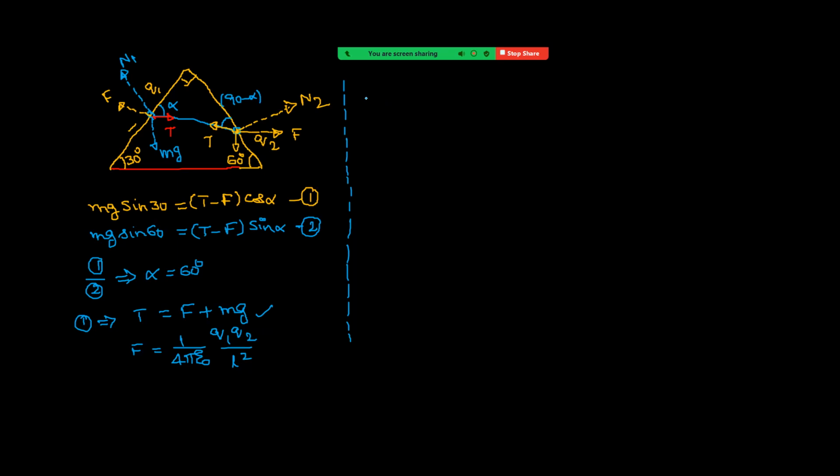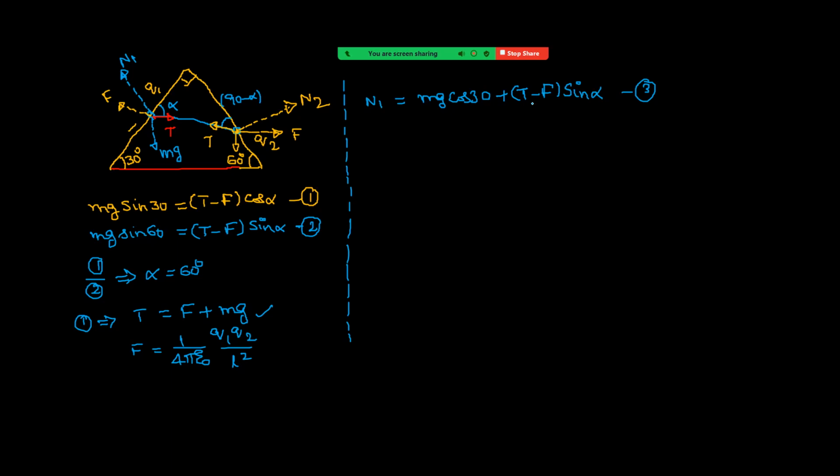N1 should be balanced by mg cos 30 plus (t minus f) sin alpha. Okay, equation 3.